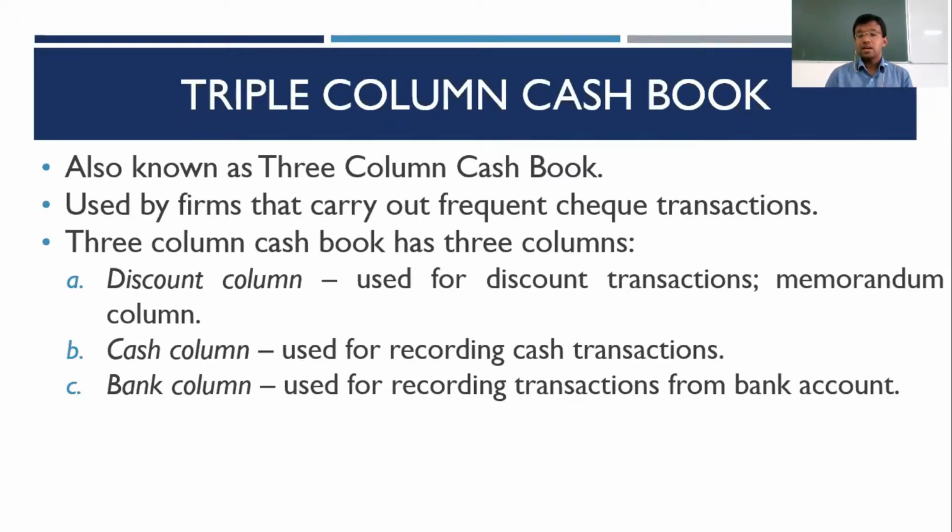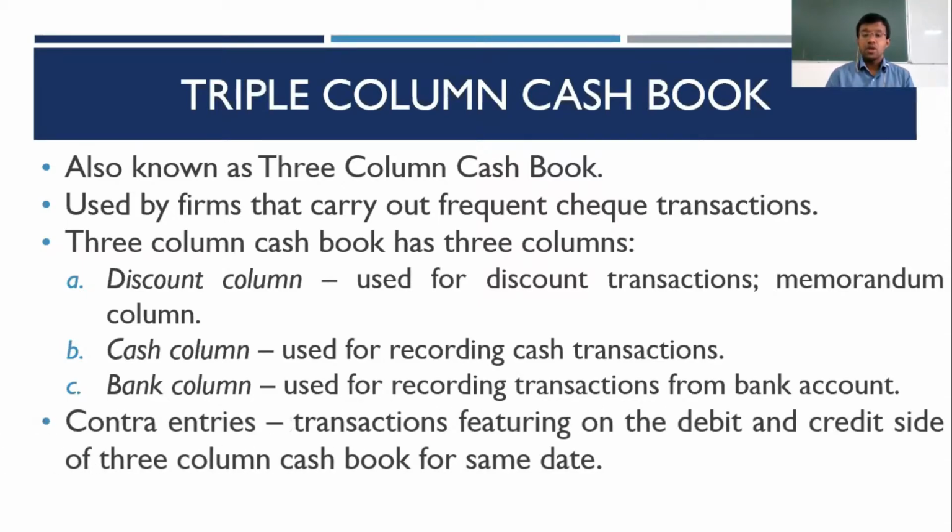When we learn the triple column cash book, we would also be learning a certain type of transaction called contra entries. Contra entries are very unique and specific to the three column cash book. So what are contra entries?